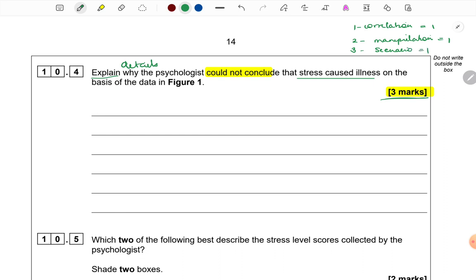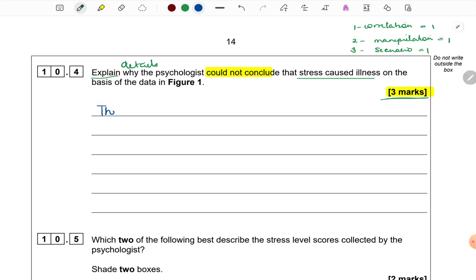So I would suggest that if we were to establish a cause-effect relationship between stress and illness, we would have to manipulate the variable of stress to suggest that it causes illness, which has not been done in this study. So that is the better way, the easier way, and the way which students write more accurately, of explaining. So I'll write it in this way.